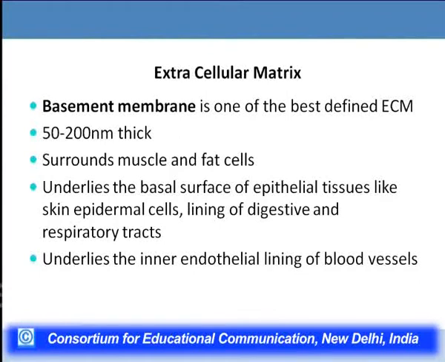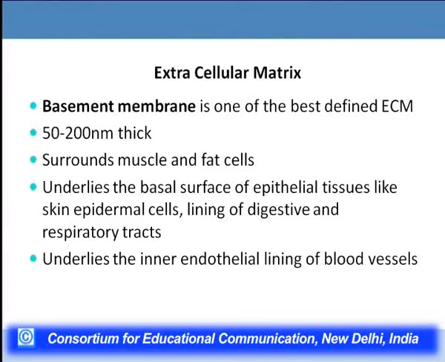Beyond the glycocalyx or cell coat is the extracellular matrix, which is a very important component of tissues in an organism. It is important not only for providing structural support to the various tissue types or cell types, but it is also required for the viability of different cell types, because it generates signals which help the cell to survive and to divide.